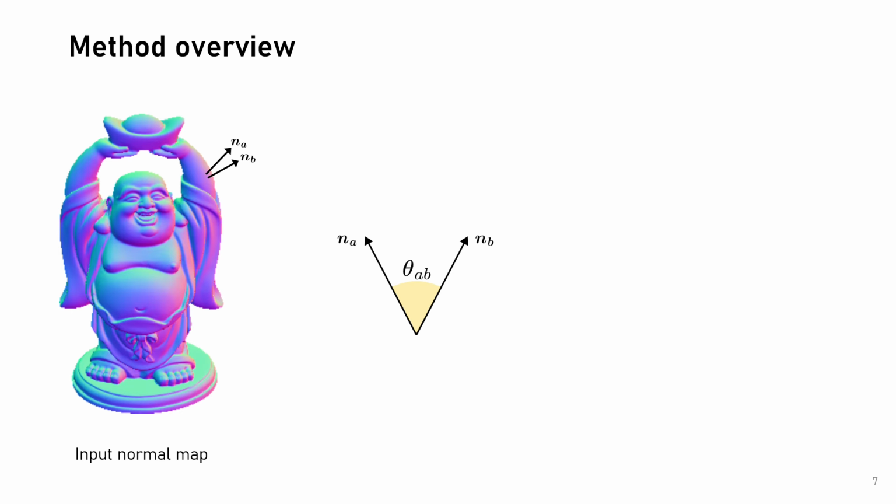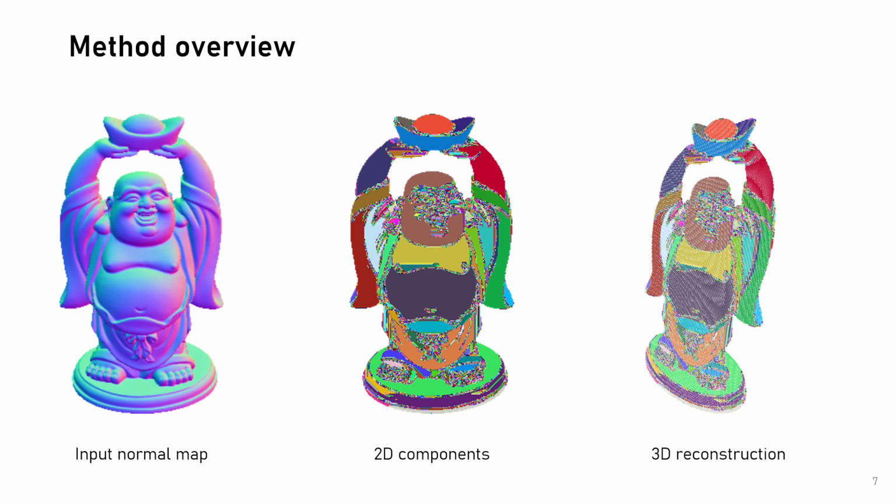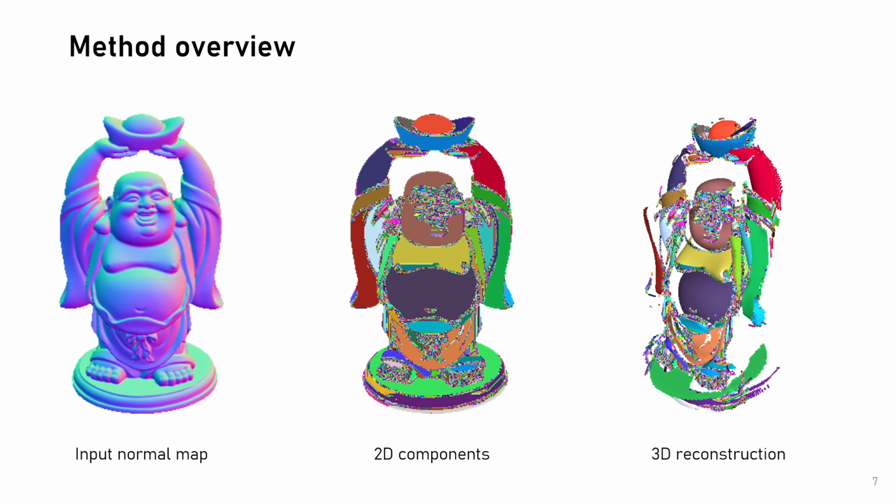More concretely, given the input normal map, we compute 2D components by considering the angle between normal vectors at each pair of neighboring pixels. If this angle is smaller than a chosen threshold theta c, we assign pixels to the same component. Initially, each component is reconstructed as flat. In the first step, we then separately reconstruct each component using independent optimization problems.